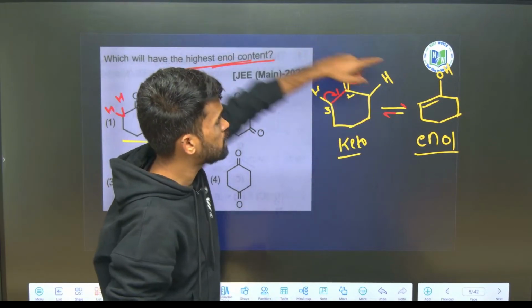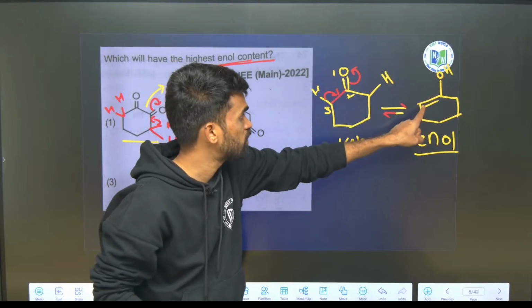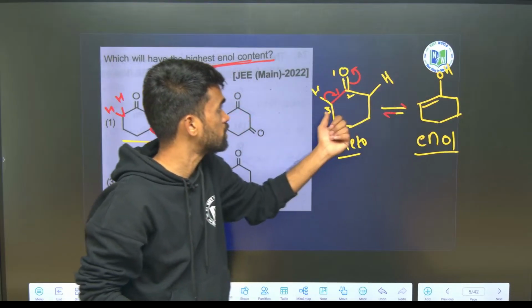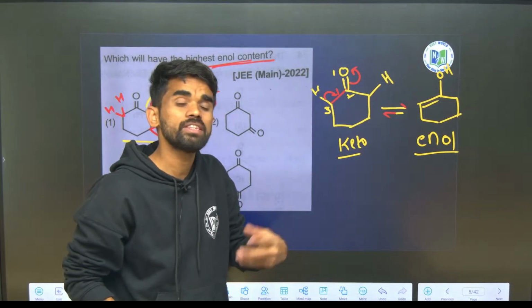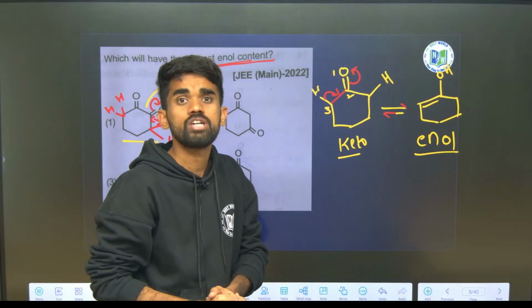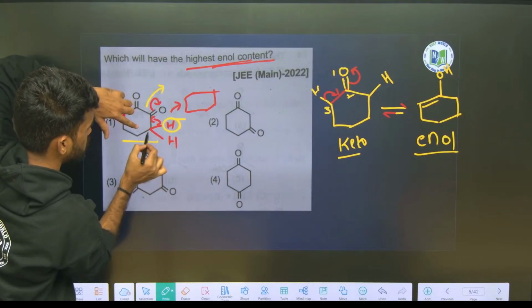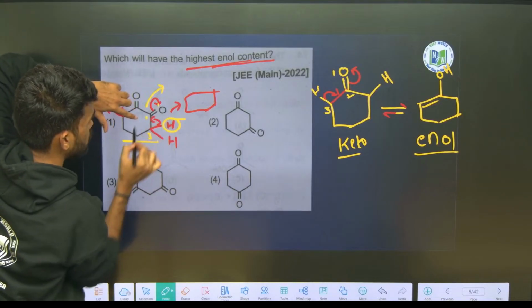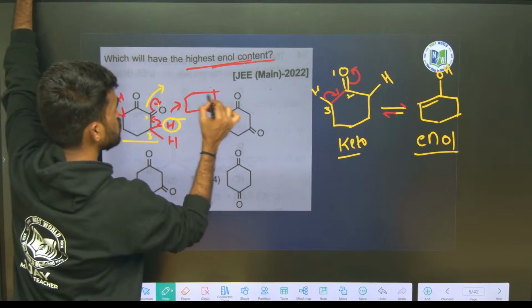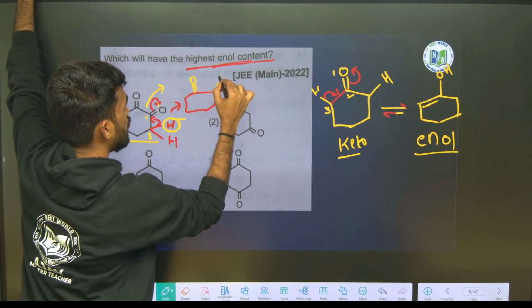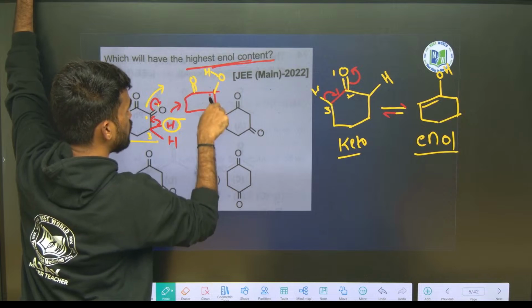So I can say 1,3 proton transfer, from the third position to the first position the proton is transferred. 1,3 proton transfer is also considered as tautomerism. So here again this hydrogen from the third position is transferring to the first position. So I can write this double bond O as it is, and here we have OH and here we have a double bond like this.